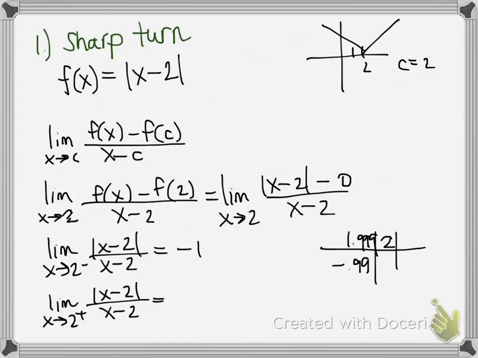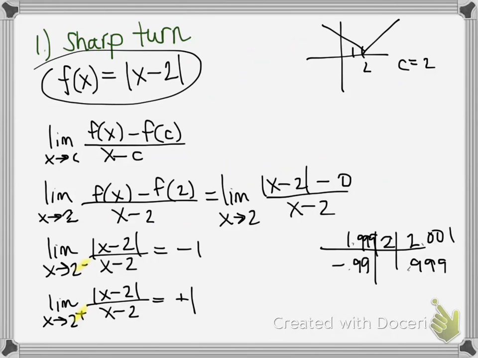And if I do it from the right hand side, that's something like 2.001, and we see that it approaches +1. And so because the left-handed limit and the right-handed limit are not equal, it is not differentiable. My function f of x equals the absolute value of x minus 2 is not differentiable at 2.